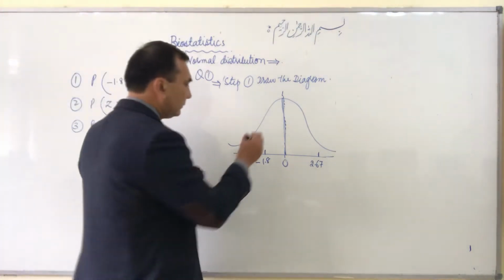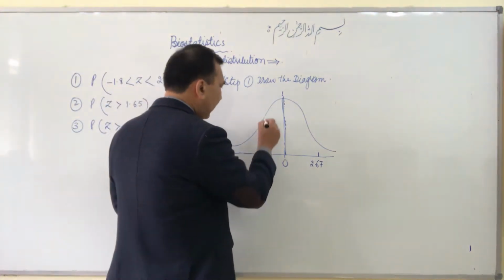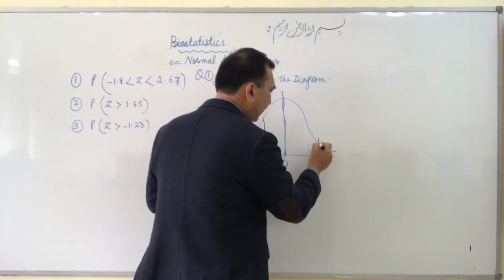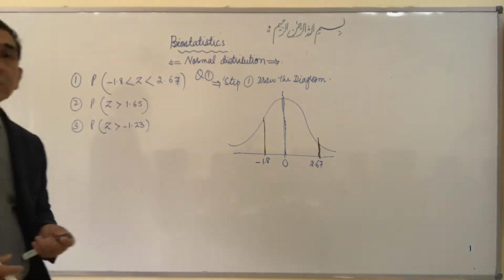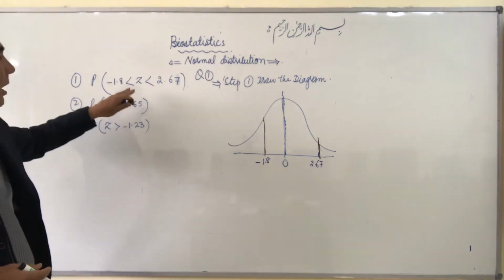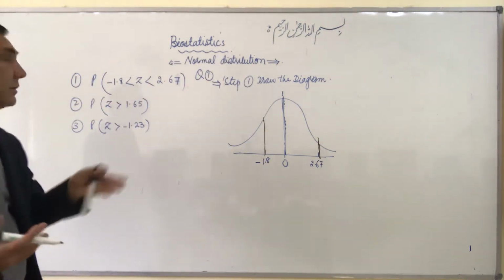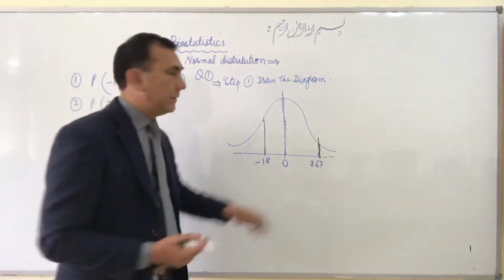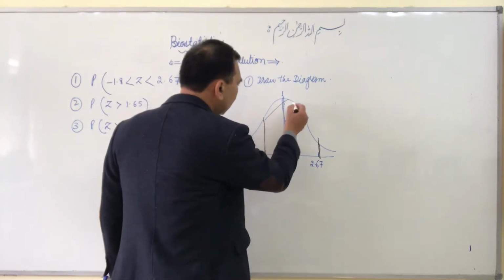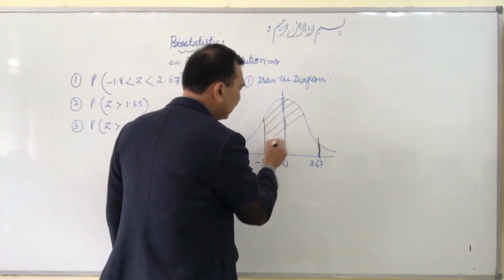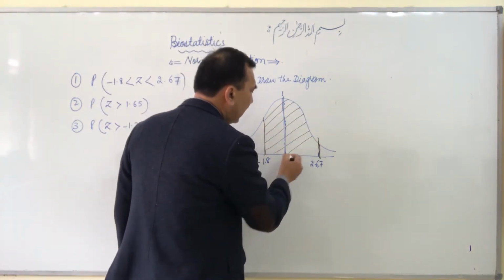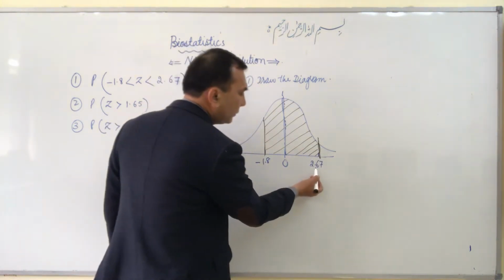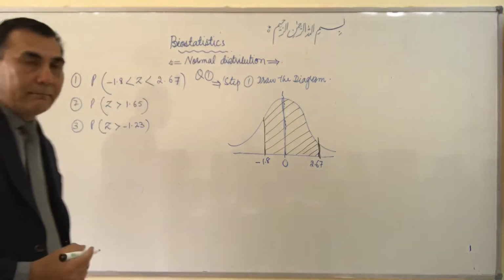Now this is 1.8 and this is 2.67. The question asks how much proportion or percentage is present between minus 1.8 and 2.67, so we mark this whole area between them.